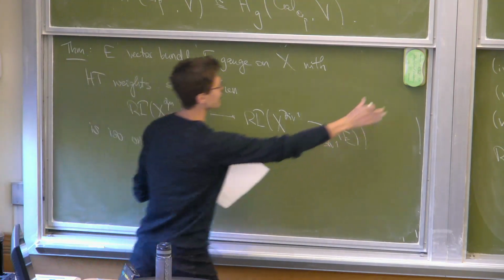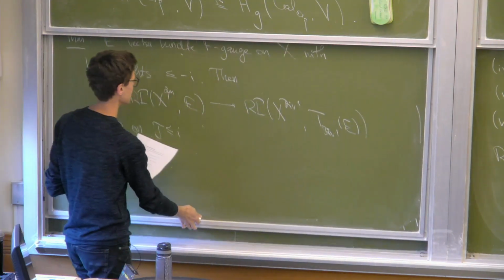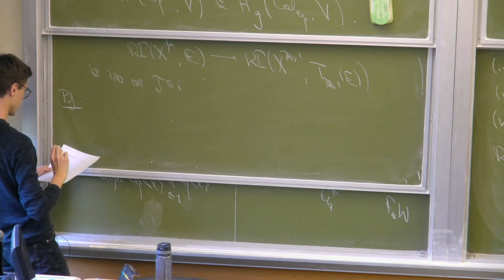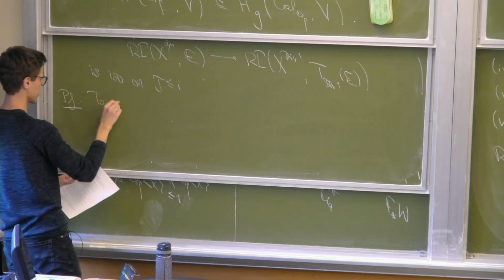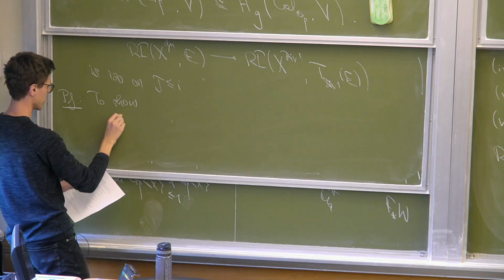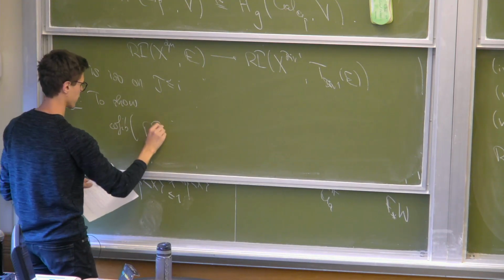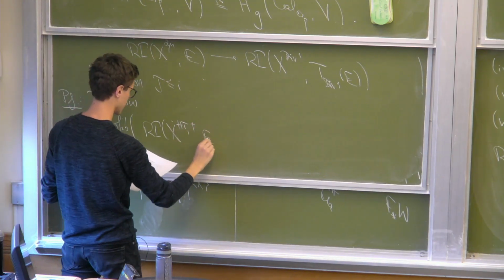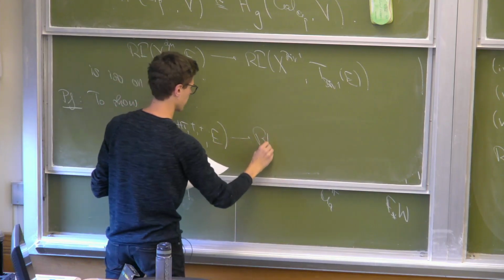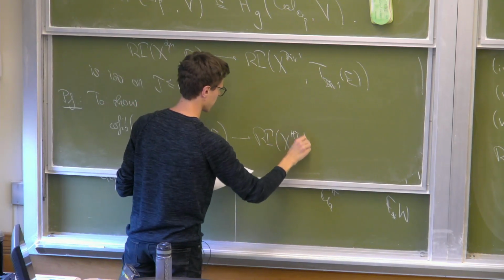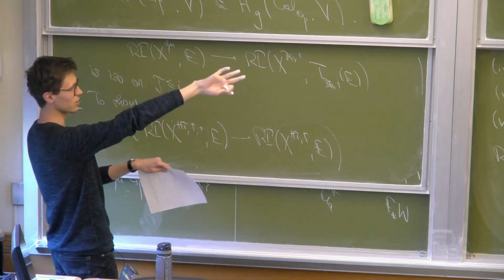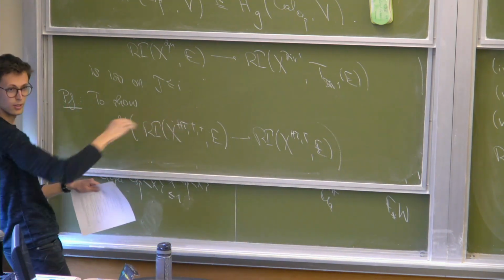Right. So let me say briefly how this works. Well, what you have to show is that if I take this map on cohomology here, I get the same Cartesian diagram as in the de Rham case, just with these terms.